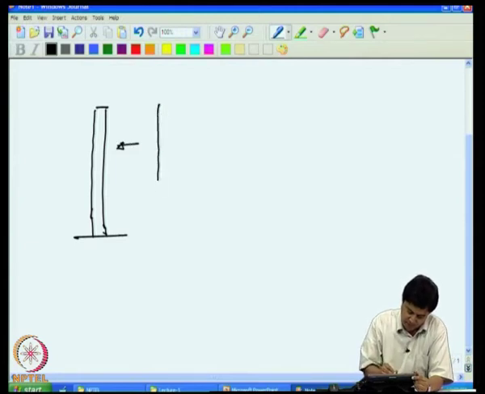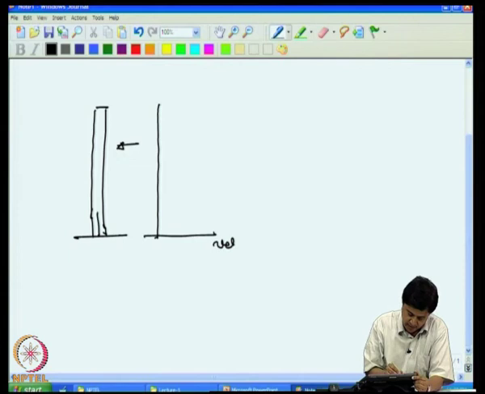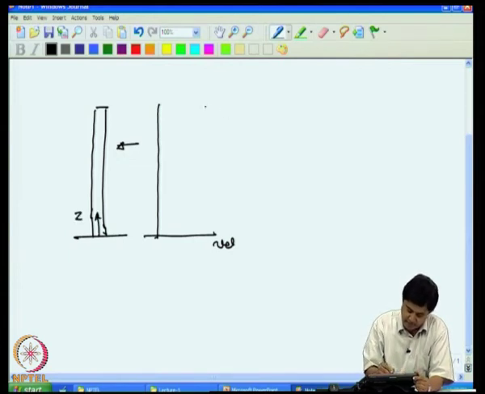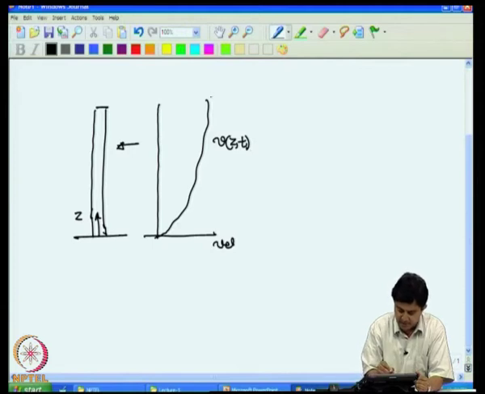Suppose I plot the wind velocity along this direction, and suppose this is coordinate z, the wind velocity profile typically is something like this. So, this is v of z at a time t. It is a snapshot taken at time instant t, and this is how it varies in space.